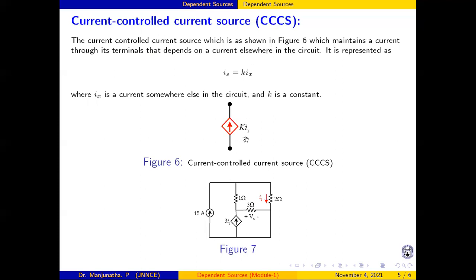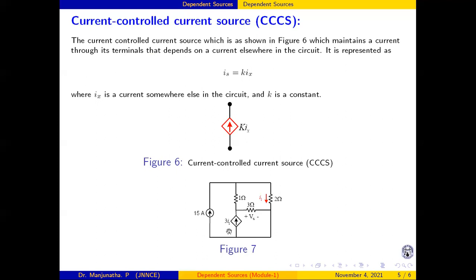Symbolically it is a rhombus with an arrow, which is a current source. This is the symbolic representation of a current controlled current source, a dependent current source. It depends on this Ix, which is a current.